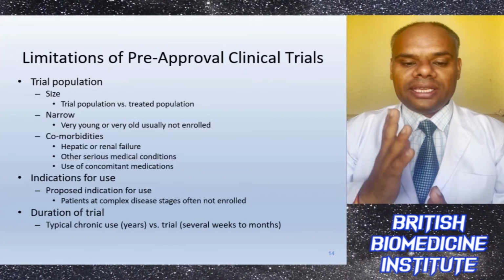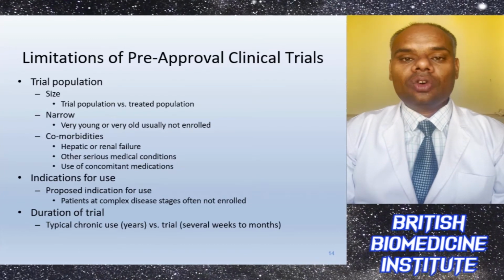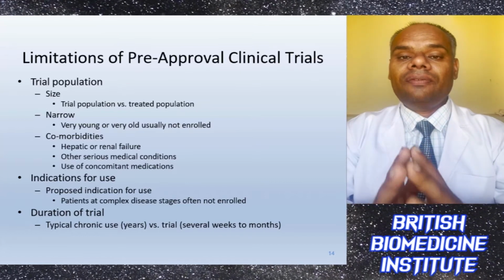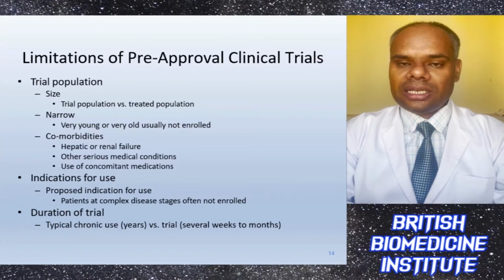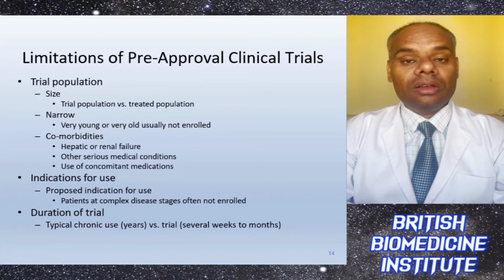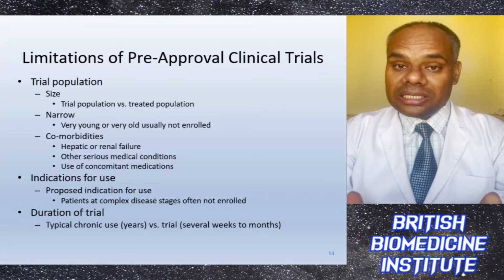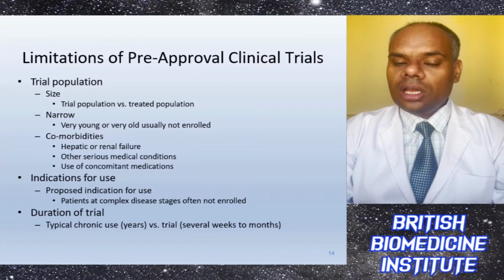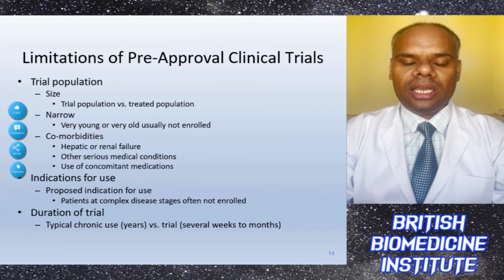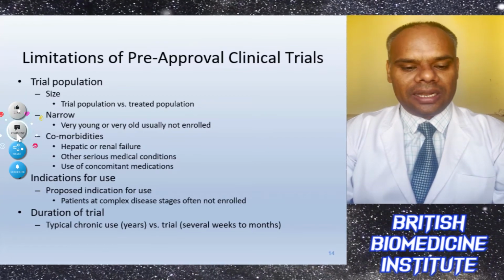We may recruit very young or very old, but we will not be recruiting children, pregnant women or prisoners. There can also be a limitation related to comorbidities. In our inclusion and exclusion criteria we have to exclude patients suffering from hepatic or renal failure. Other serious medical conditions are excluded, and if a patient is using concomitant medications, they are refused participation in a clinical trial.